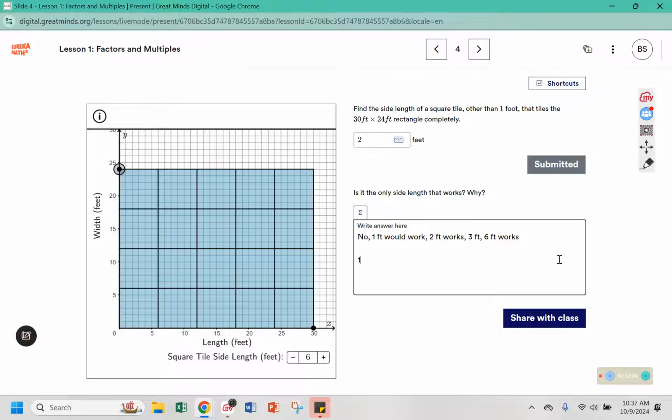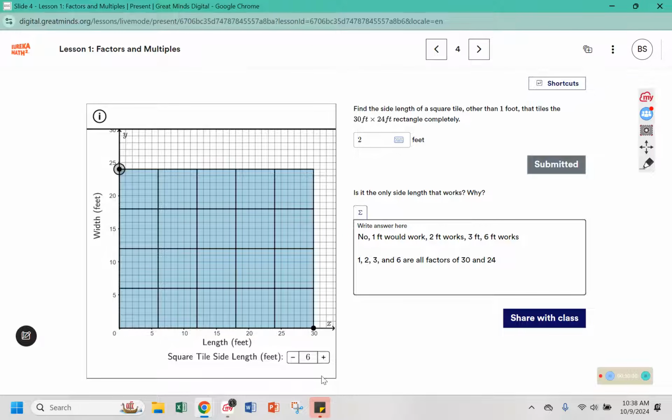And why? 1, 2, 3, and 6 are all factors of 30 and of 24. 1 times 24, 2 times 12, 3 times 8, 6 times 4.